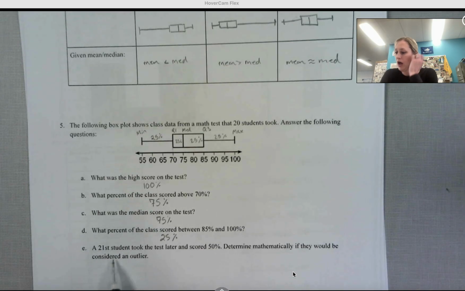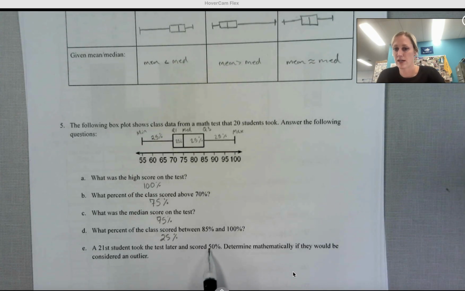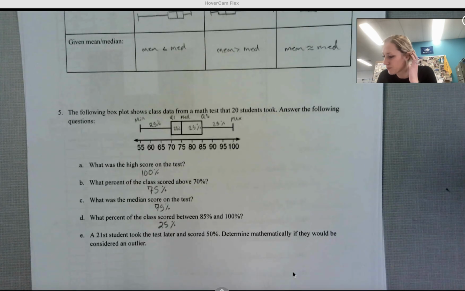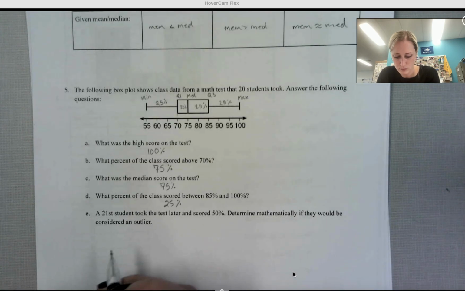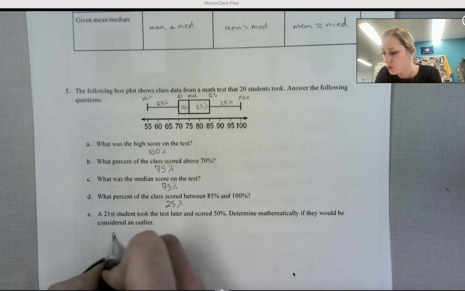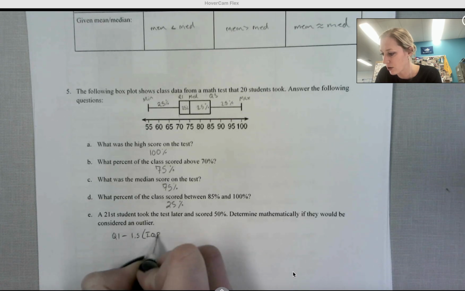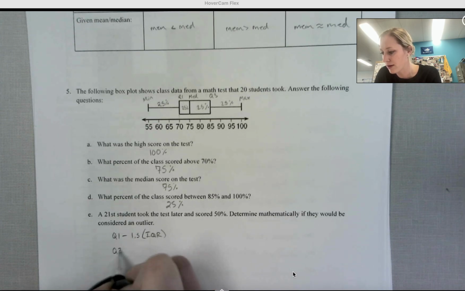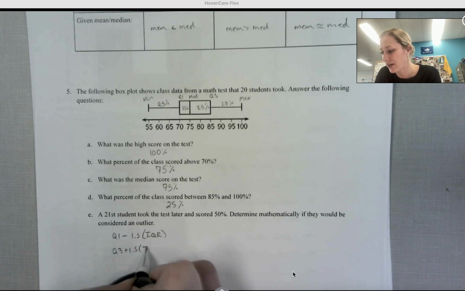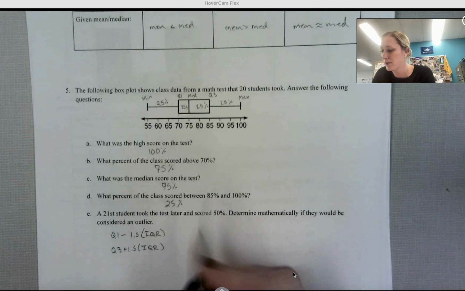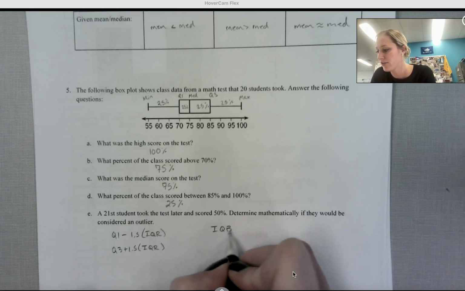Okay, a 21st student took the test later and scored a 50%. Determine mathematically if that would be considered an outlier. Okay, so remember outliers. We do Q1 minus 1.5 of the IQR to get the lower fence. And we do Q3 plus 1.5 of the IQR to get the upper fence. Okay, so my IQR, remember, is Q3 minus Q1.